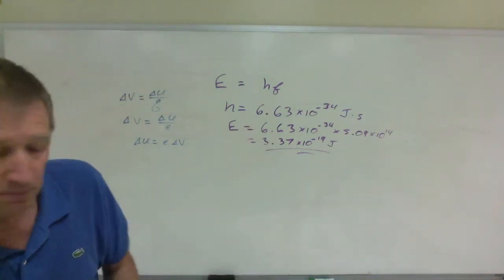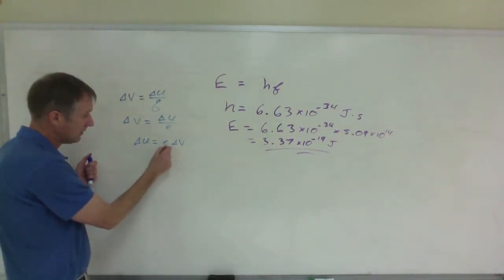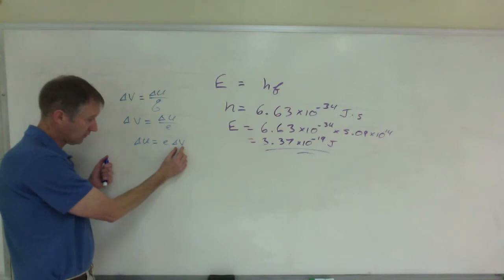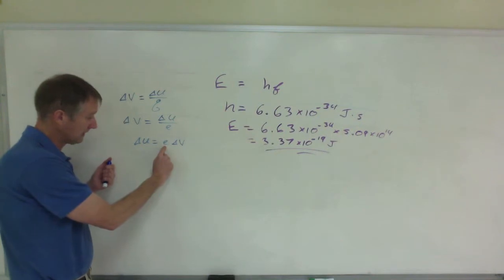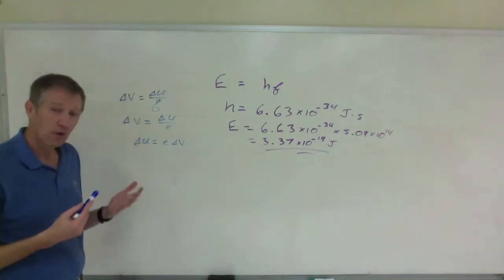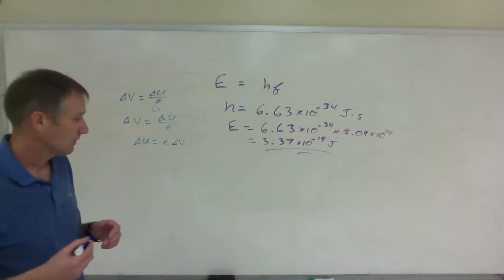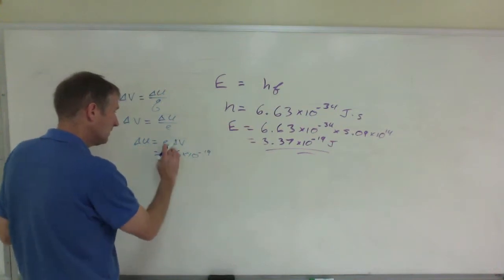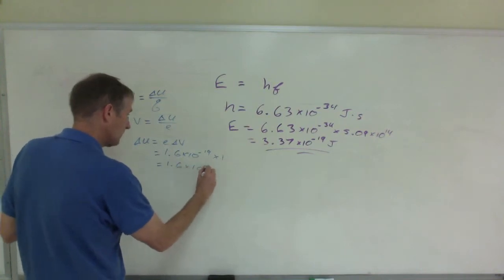Okay, so an electron volt is just a unit, which is this charge times 1 volt. And that's 1.6 times 10 to the negative 19 coulombs times 1 volt. So an electron volt is the same value as 1.6 times 10 to the negative 19 joules.